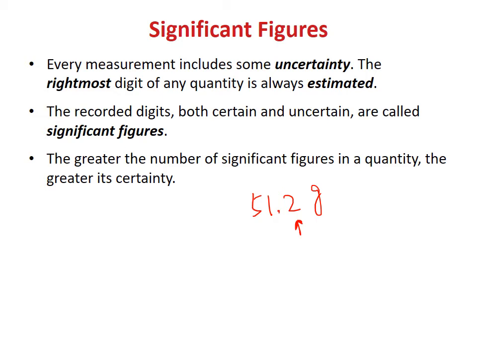The recorded digits, both certain and uncertain, are called significant figures. In this case, you have 3 significant figures. The greater the number of significant figures in a quantity, the greater its certainty.